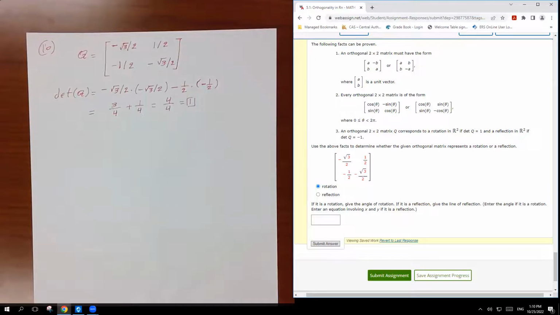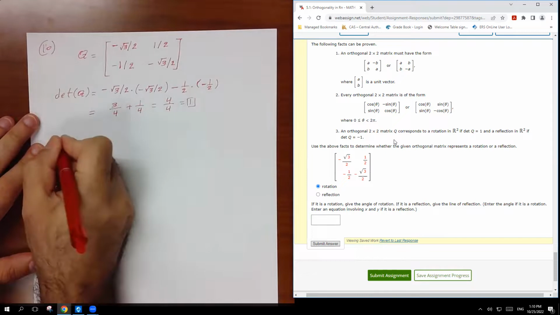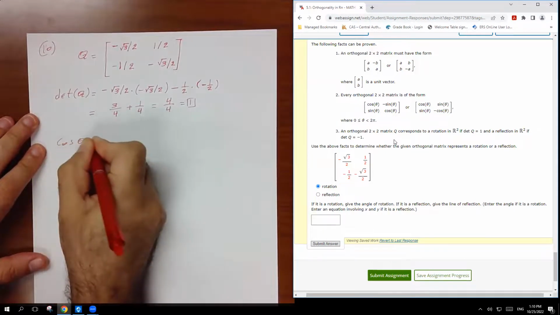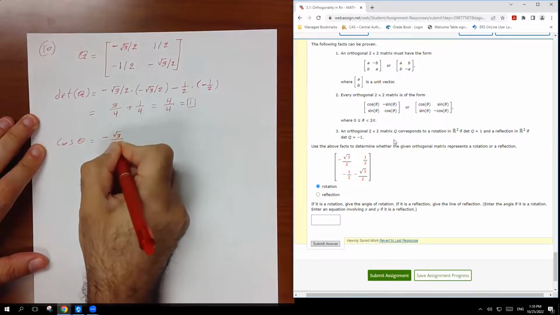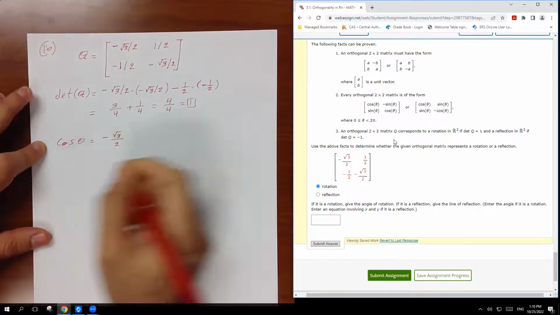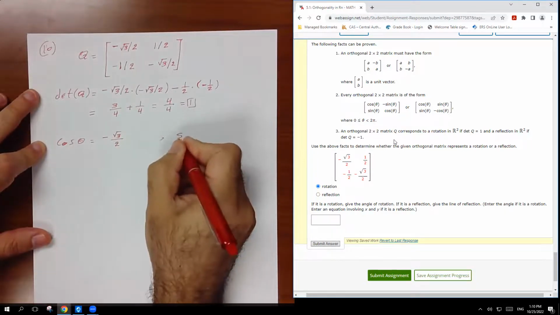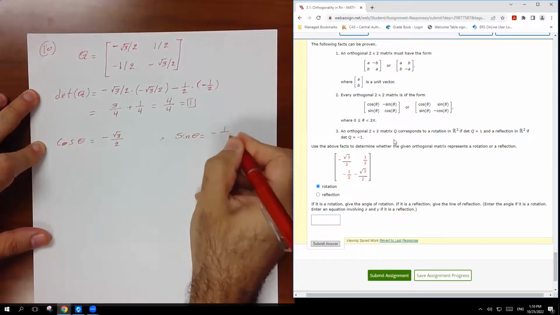So let's check. Cosine theta here is equal to this number. So I'm just going to say cosine theta equals negative square root of 3 divided by 2, and sine theta equals negative half.